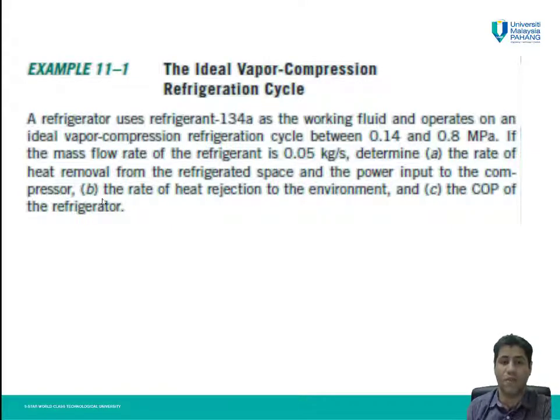And also we need to determine the rate of heat rejection to the environment, or Q dot H, actually in form of rate. And finally, we need to calculate the COP, or coefficient of performance for this refrigerator. Now, let's see how we can find the answer for different parts of this question.